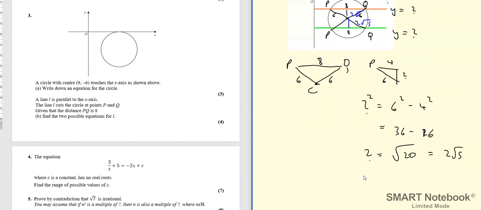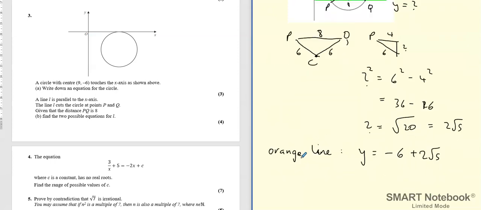So one equation, the equation of the orange line, is going to be y equals, the y coordinate of the center was -6. But if we go up by 2 root 5, we're going to say -6 + 2 root 5.